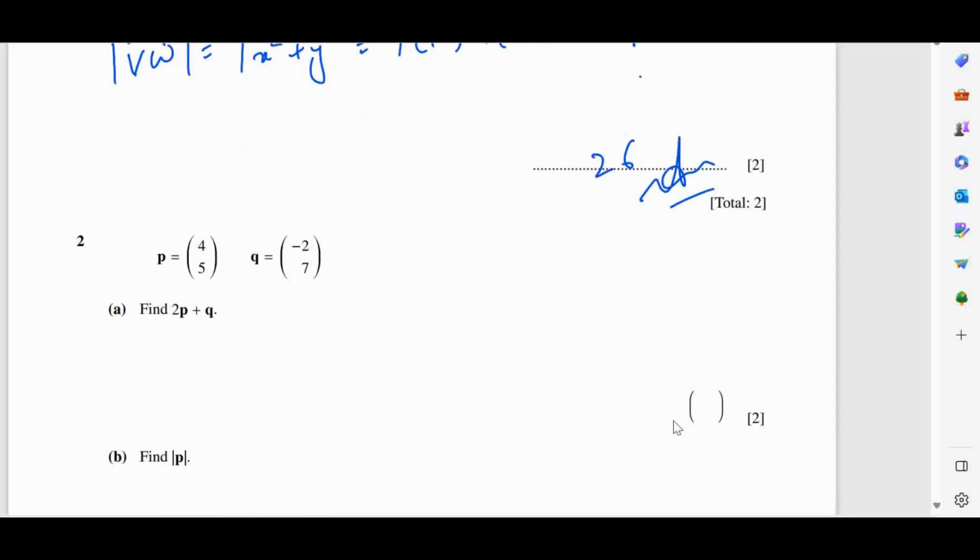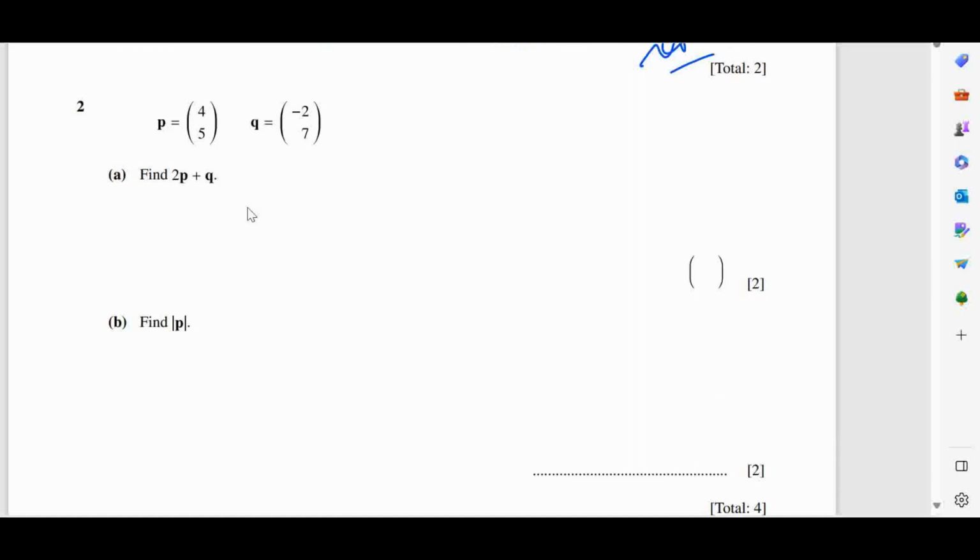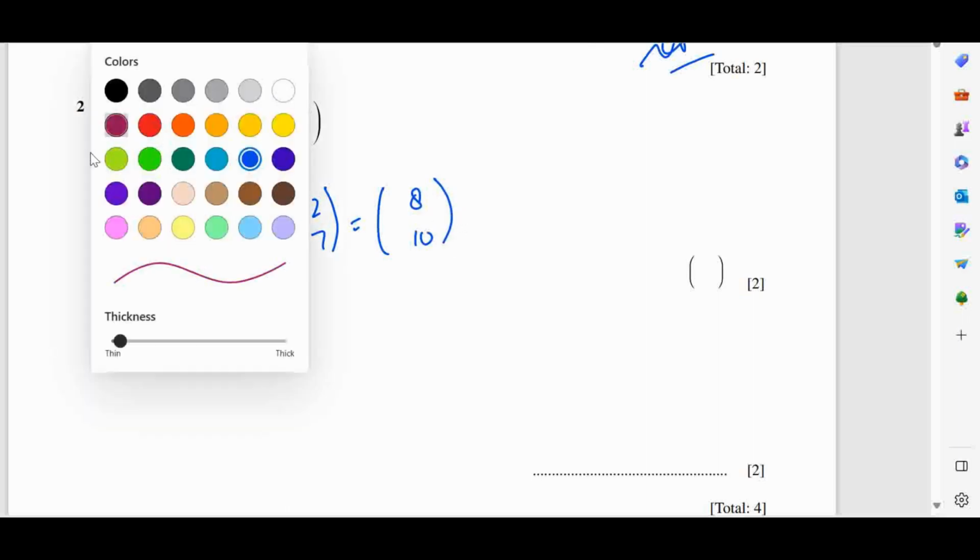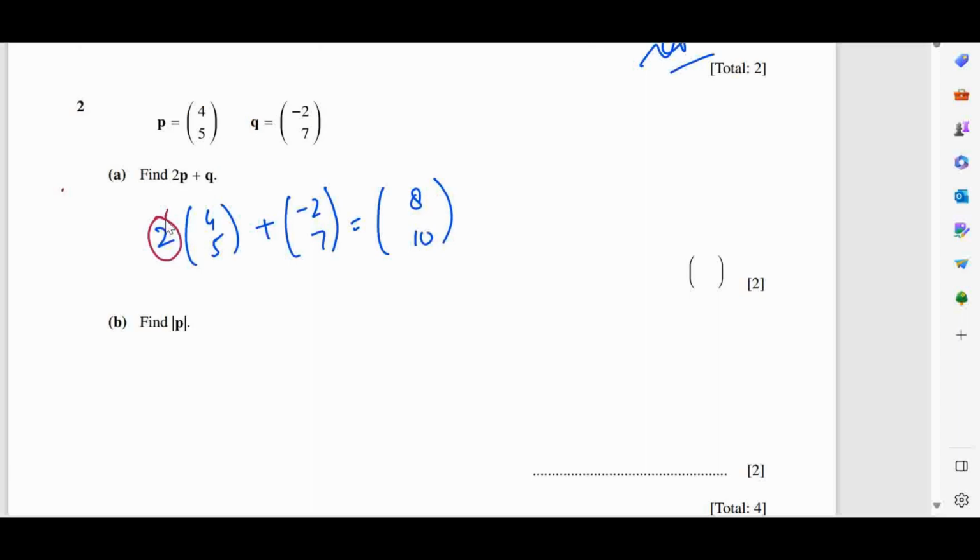Let's move to the next question. Question number 2. 2p plus q. So 2p means 2 into the vector p, which is 4 and 5, plus q. Q is minus 2 and 7. So this will be 8 and 10, because we have to multiply 2 with 4 as well as 2 with 5, plus minus 2 and 7.